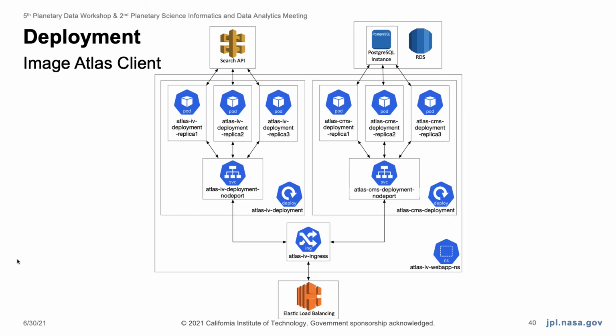And there's interactions with the search API and with the CMS database happening, and all of the access to these two services is handled by an ingress, which is linked with Amazon's Elastic Load Balancing. So all of that is integrated into the rest of Amazon's ecosystem.